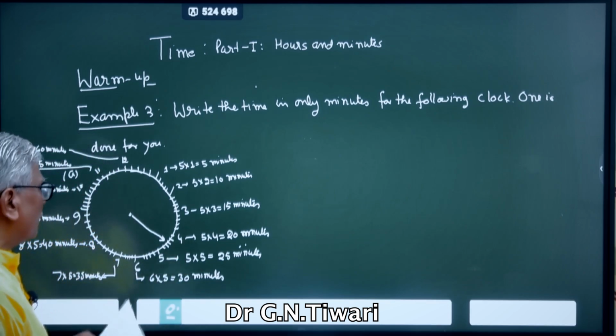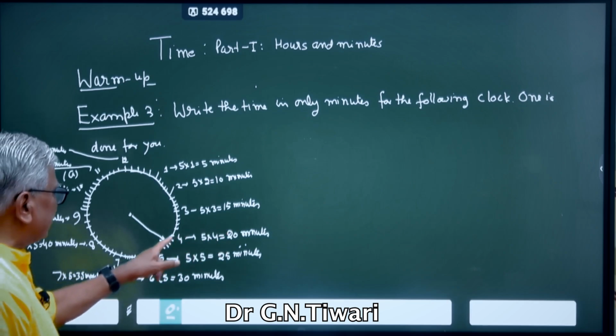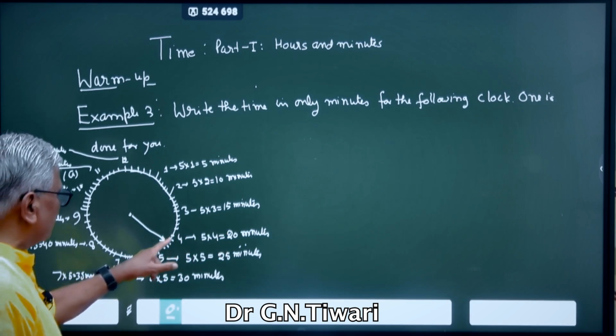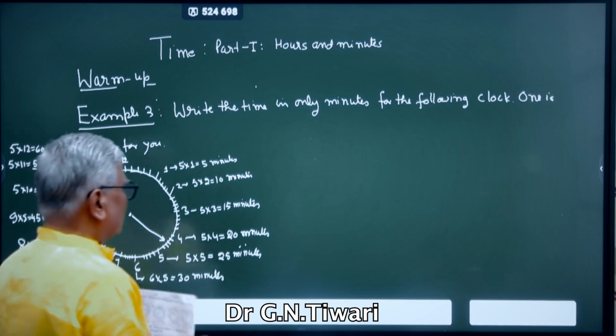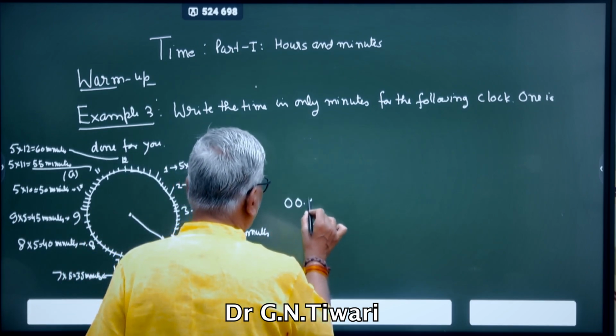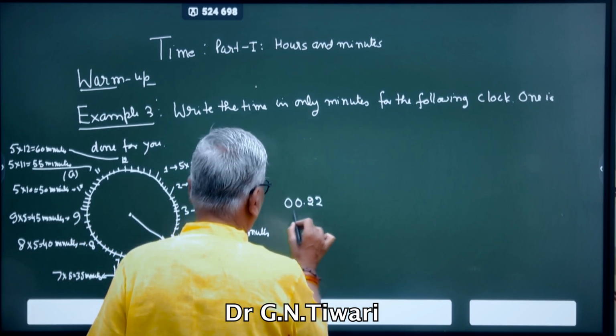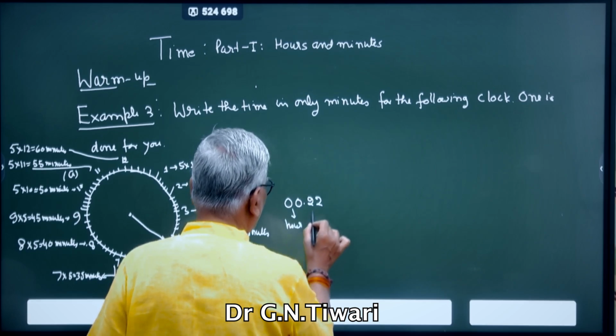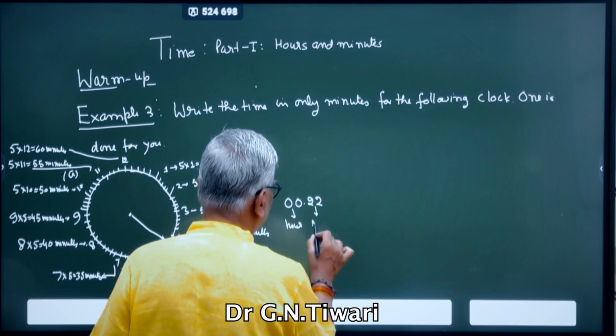So now a student know this is the 20 minutes, and after 20 minutes 21, 22. So this will be written as 0, 0, 22, because this is the hour or this is the minutes.